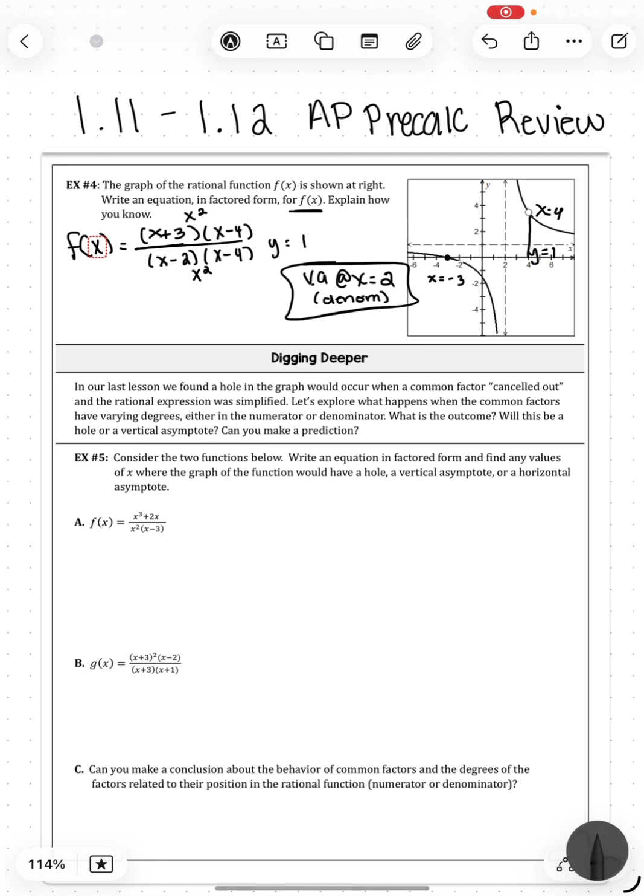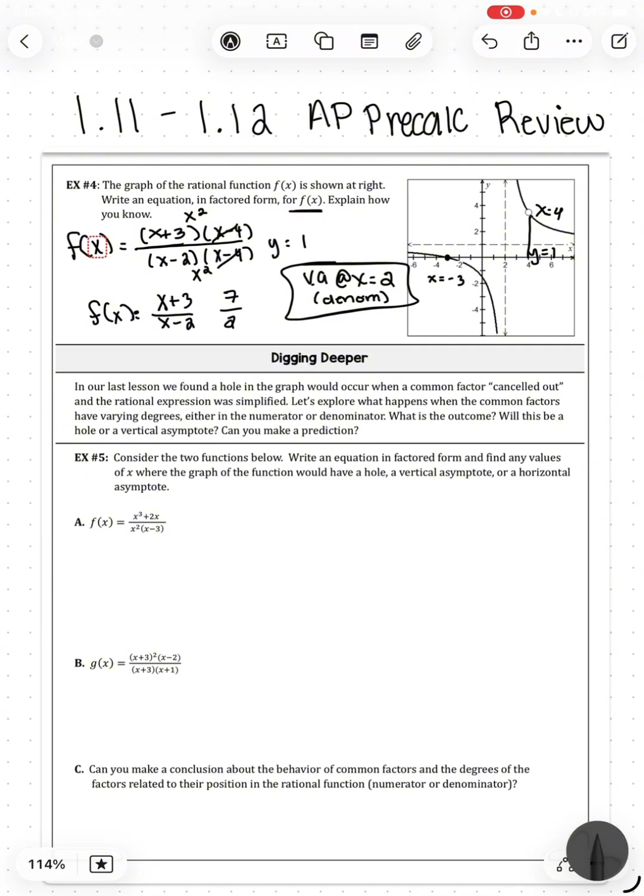And then when it comes to our hole, if we cross these out, we are left with x plus 3 over x minus 2 equals f of x. And then if we plug in the positive 4, we get 7 over 2.